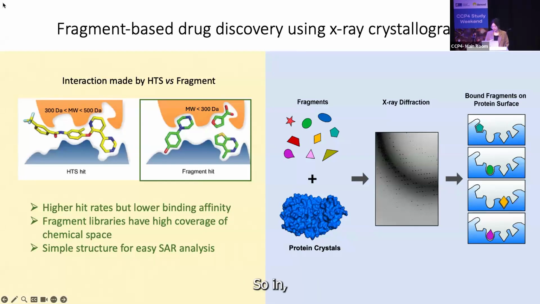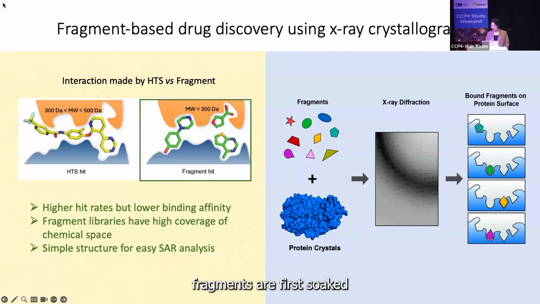So in fragment-based drug discovery, we typically start with fragment screening using various biophysical methods, among which X-ray crystallography provides detailed 3D structures, allowing a faster structure-based optimization.